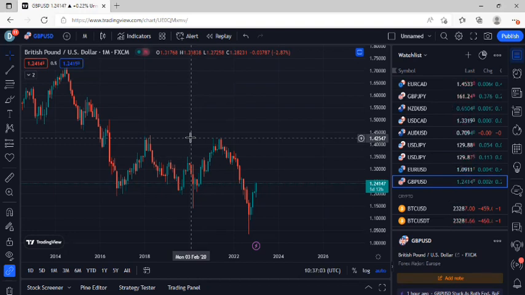If you don't understand the structure of the market of the instruments you want to trade, drawing a proper trend line might be difficult.